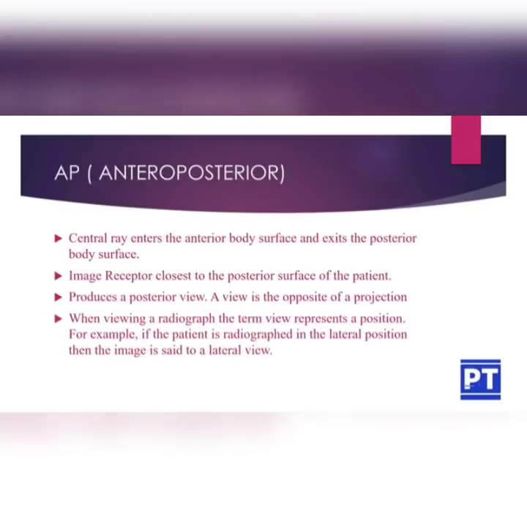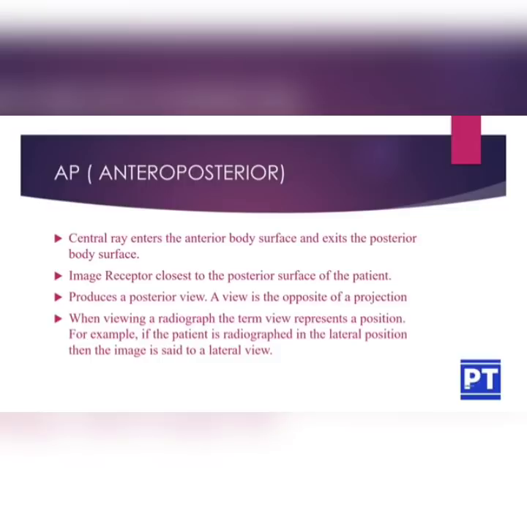So, anteroposterior. Again, we are moving on to some radiographic projections, anteroposterior. Briefly, the first A determines that the ray is entering through the anterior aspect, and P, the image receptor, is placed at the posterior aspect.